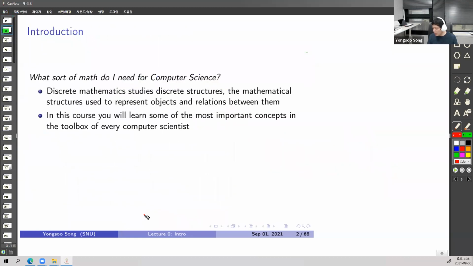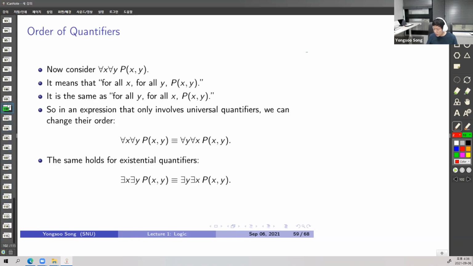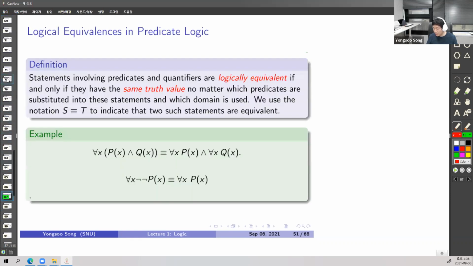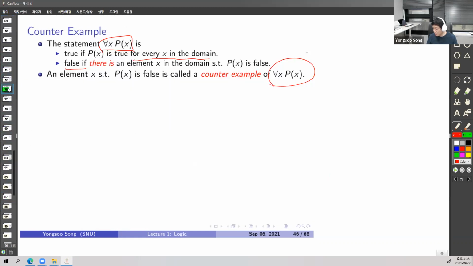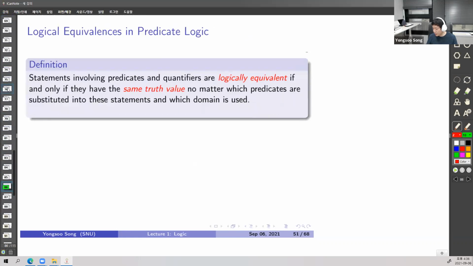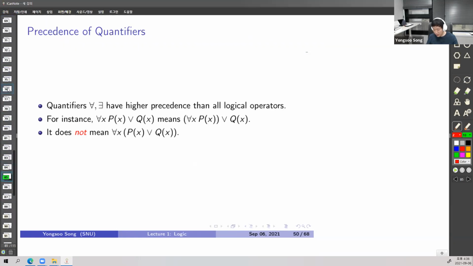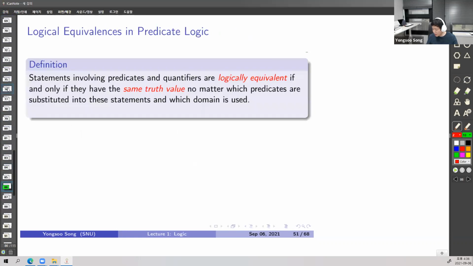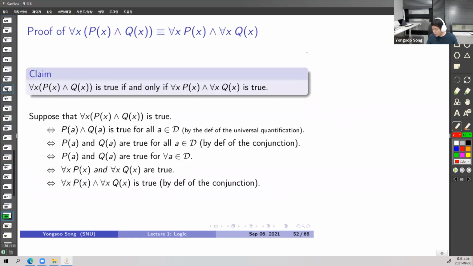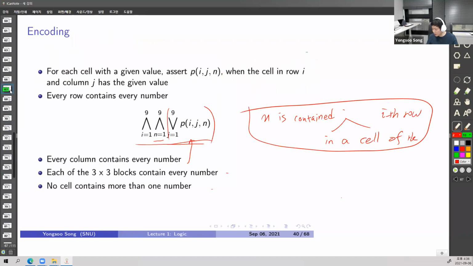Okay. Oops. Okay, what happened? Error. I think something is wrong with the slide.